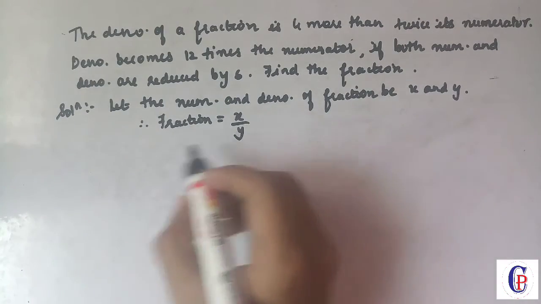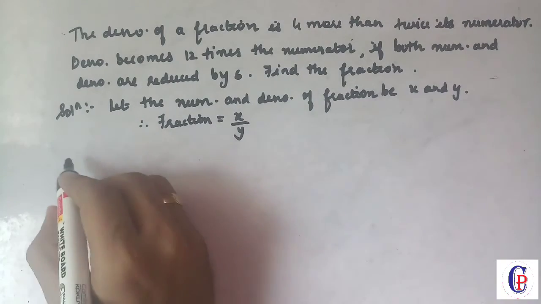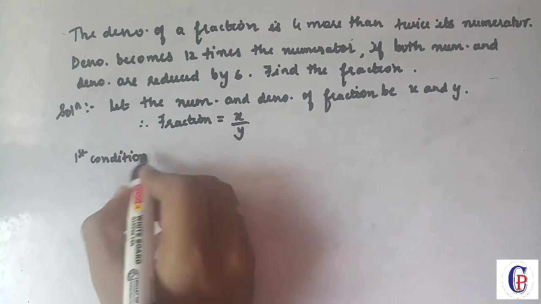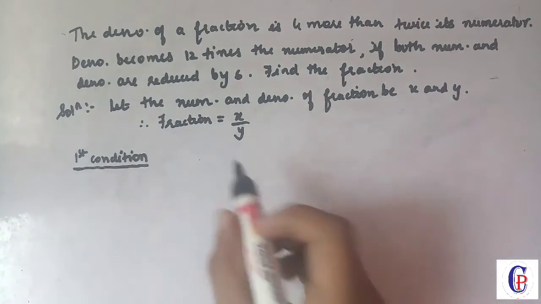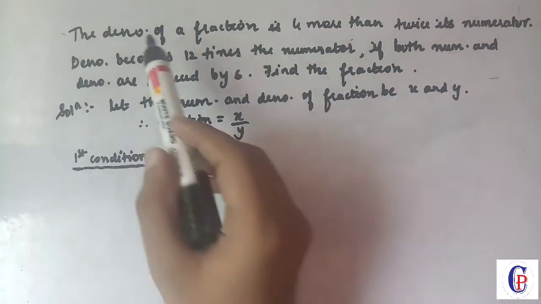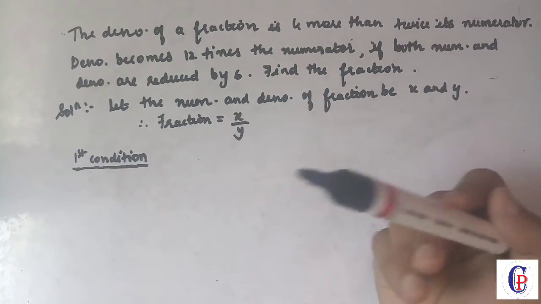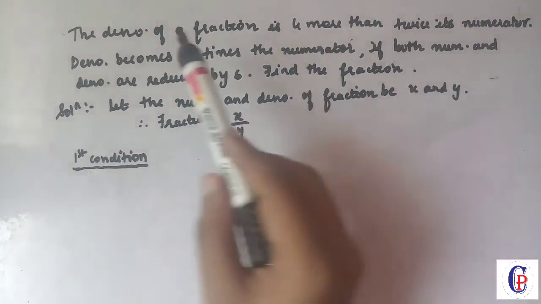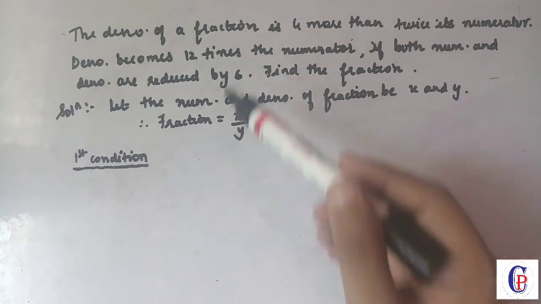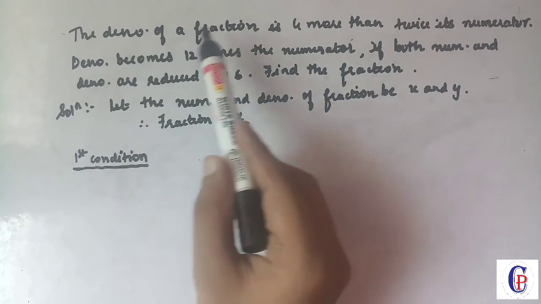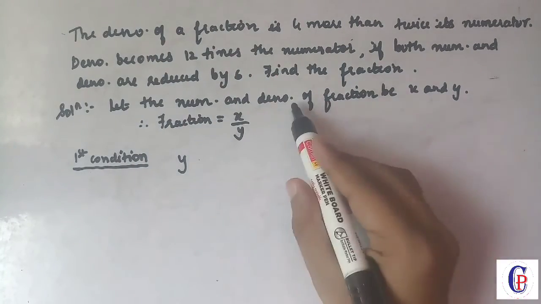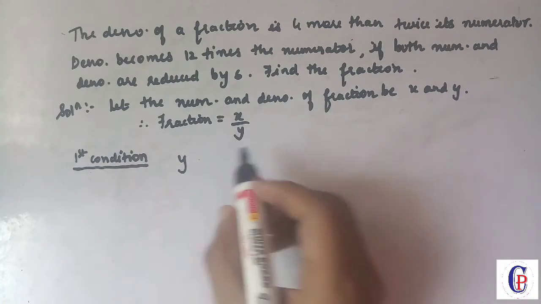Now to find this x and y, we have two conditions given in the question. The first condition says the denominator of a fraction. Whenever you start reading, you have to immediately keep on writing. The denominator of a fraction is, so denominator, that is y, because we have taken denominator as y.